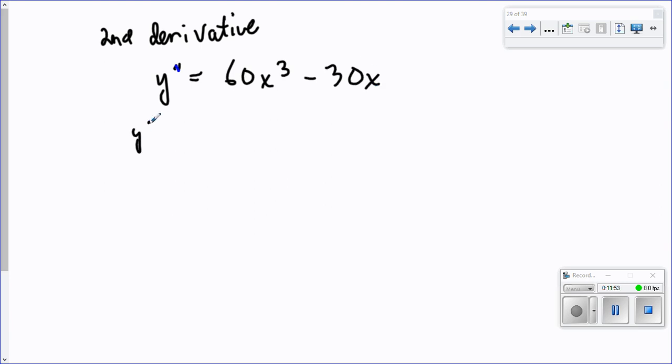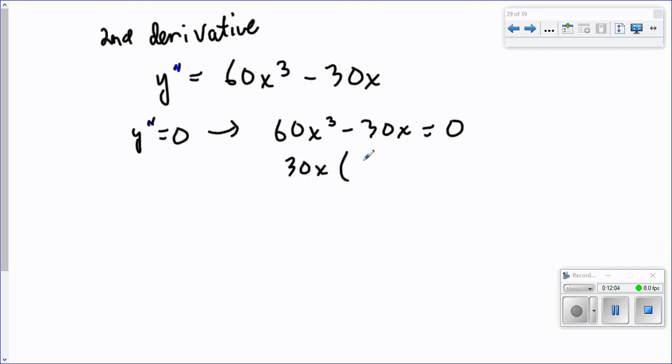So when my second derivative is equal to 0, I've got 60x cubed minus 30x equals 0. I can factor out a 30x, leaving me with 2x squared minus 1, I believe. So 30x times (2x squared minus 1) equals 0.